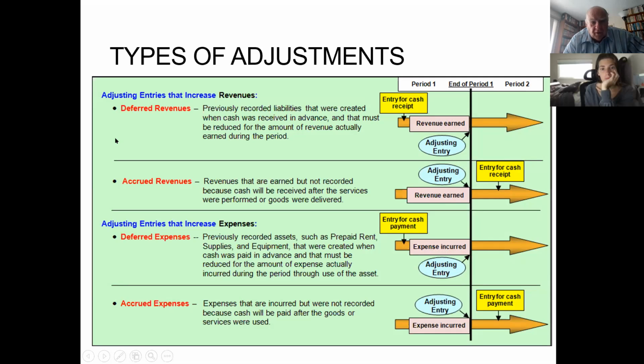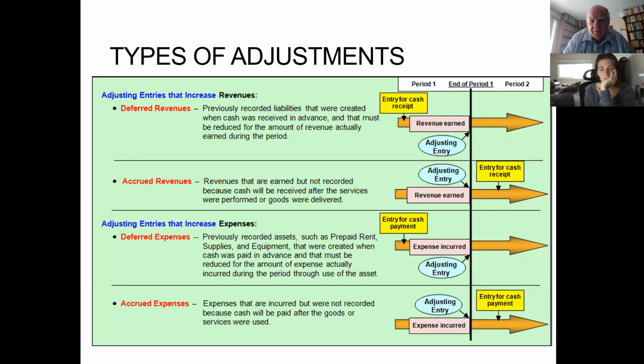Our adjusting journal entries can also be broken out into these two categories: deferred revenue and deferred expenses, and accrued revenues and accrued expenses. The deferred expenses are your prepaids, and deferred revenue is your unearned revenue.